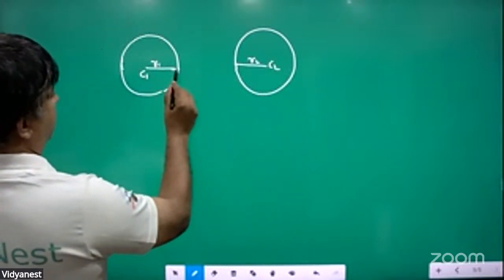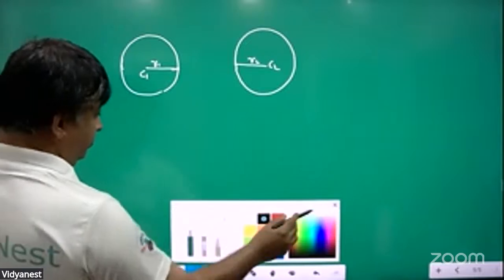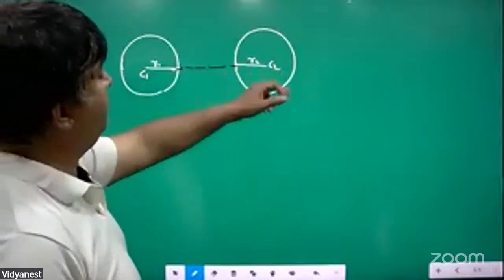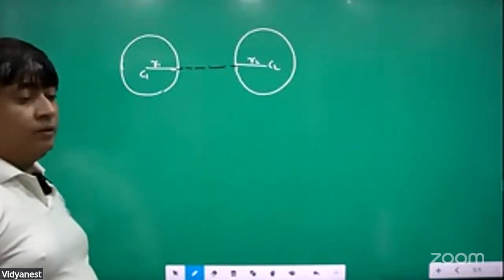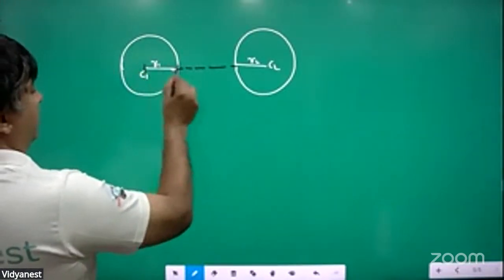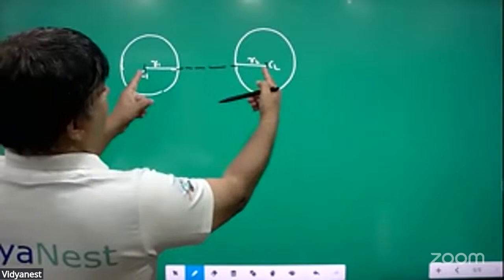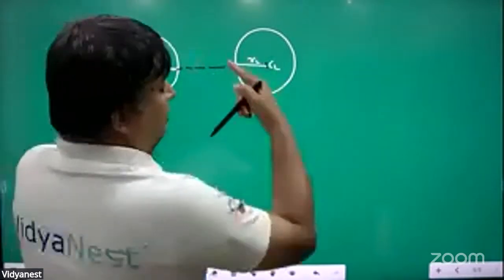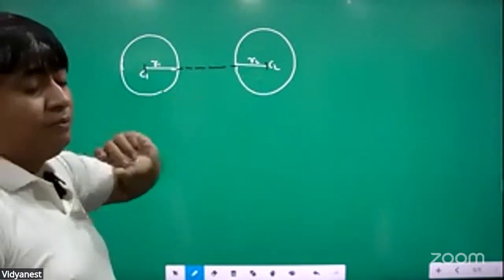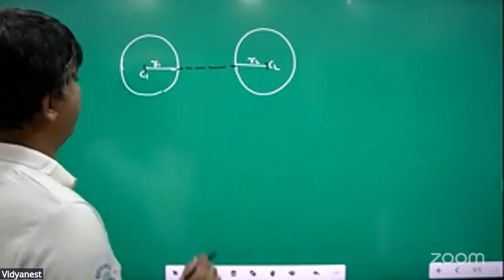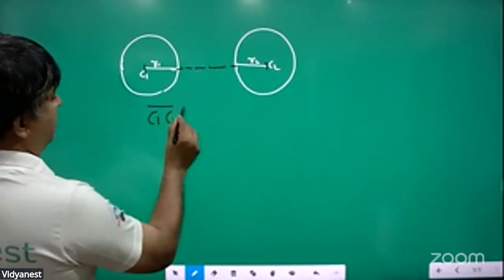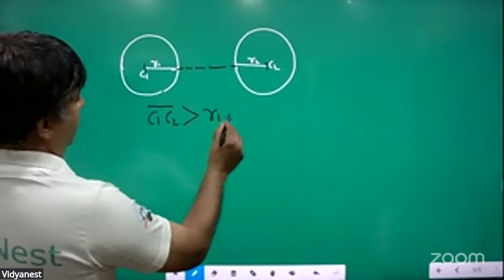And this is the distance between C1 and C2. What is clearly visible? Which distance is bigger? The distance between C1 and C2 compared with the sum of both radii. Obviously the distance between C1 and C2 is bigger. So this figure depicts the distance between C1 and C2 greater than R1 plus R2.